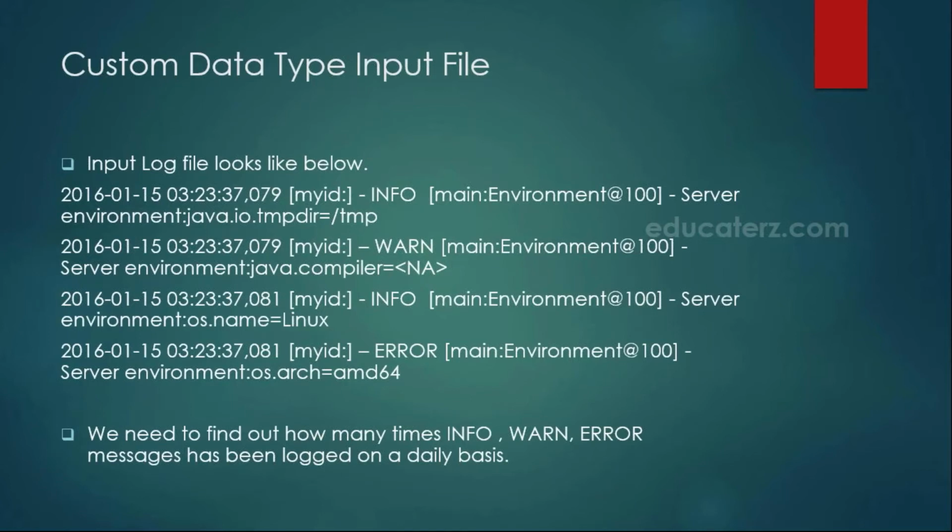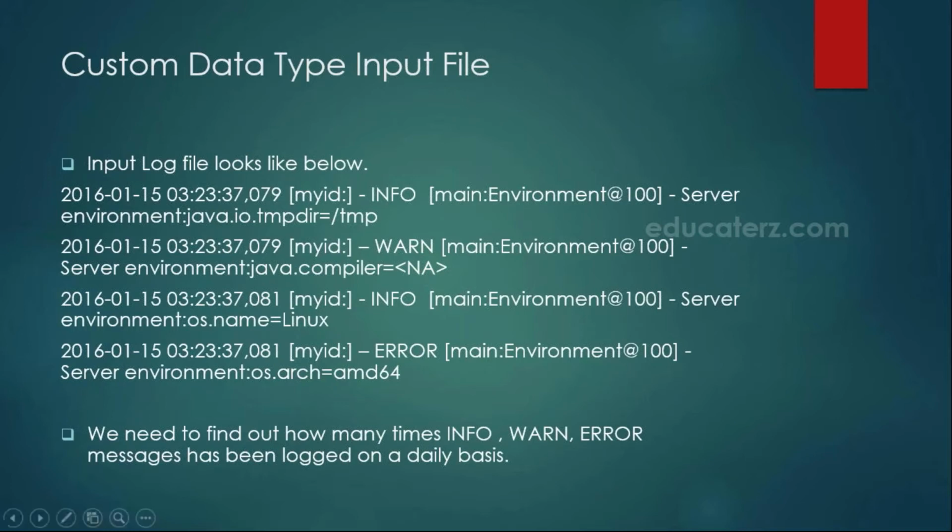So let's see a demo on how we are going to create our own custom data type. This is our input file. This is a log file, a ZooKeeper log file, which consists of all the information. What I want to find out is how many times the info, warn, or error messages have been logged on a specific day.